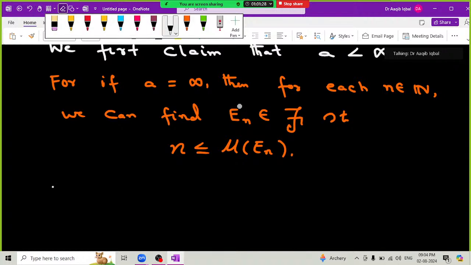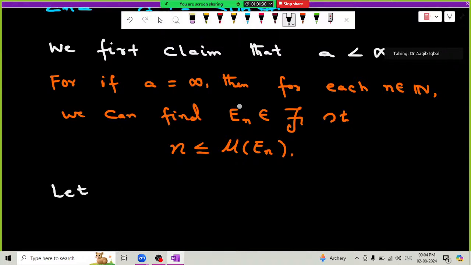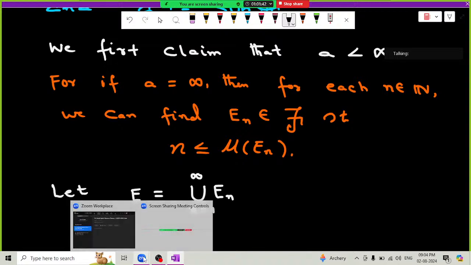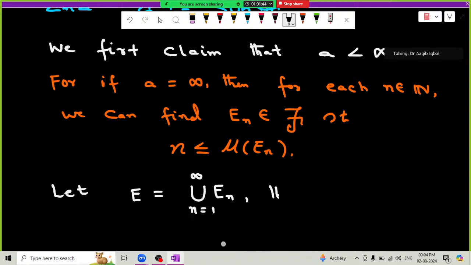अब इसके बाद आप क्या करेंगे, let E be equal to union of these e sub n's. ठीक है. Then now these e sub n's, they are coming from fancy F. Fancy F means they are positive sets. Positive sets means they are sigma algebra members.